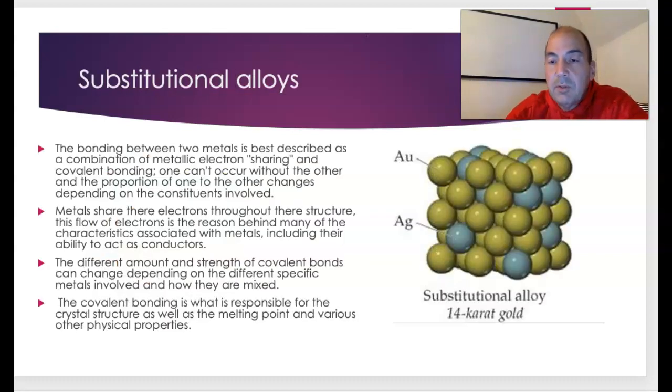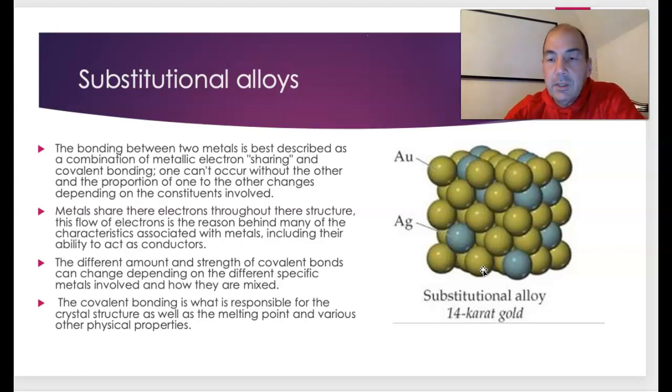Whereas for a substitutional alloy, here's an example of 14-karat gold. The gold atoms are a little bit bigger than the silver atoms, but not hugely different in size. So we get a little mixing of properties. It doesn't turn out to be quite the same color, and it changes the malleability a bit. Obviously, it changes the cost as well. So you still have a gold-ish look without it being as expensive as pure gold, which is 24-karat gold.